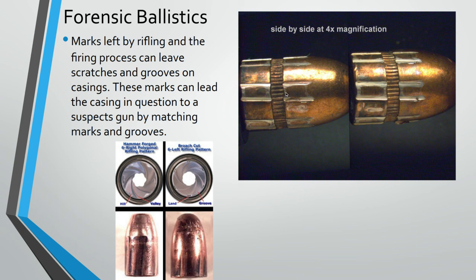If we can overlap these pictures and match them exactly, the spacing between them, the width and the depth of all the lands and grooves are very specific to each barrel. So it's highly unlikely to have the exact same patterns on multiple bullets.